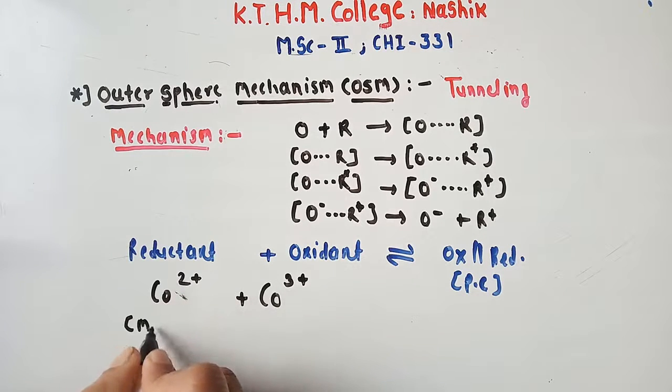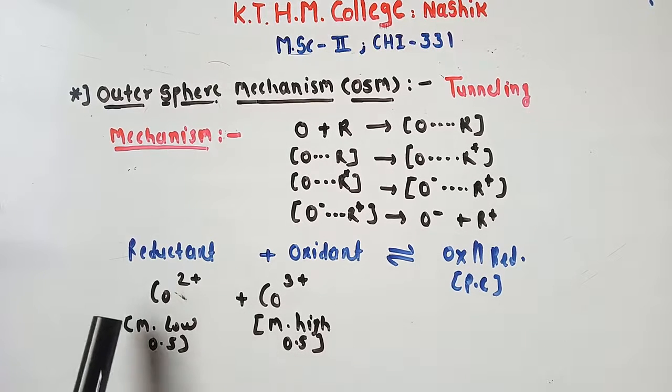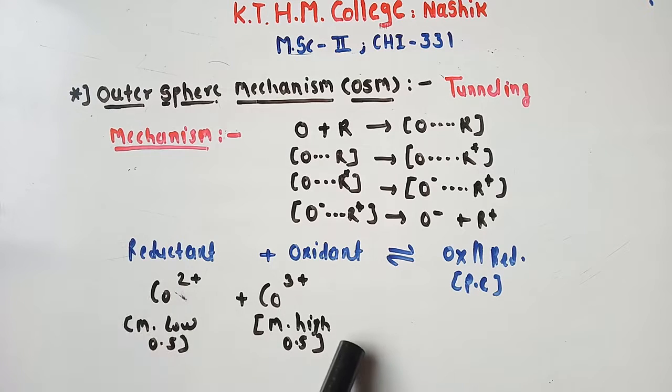Here metal is in low oxidation state, while here in case of oxidant metal is in high oxidation state.